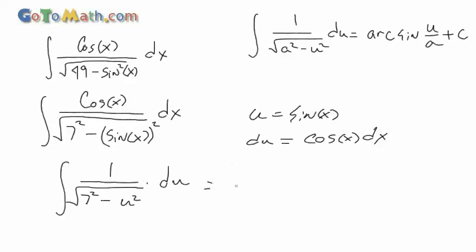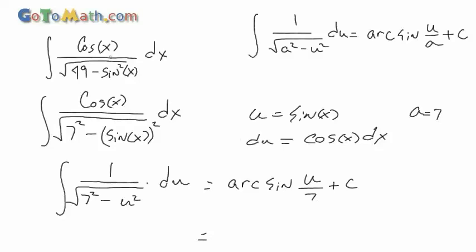So we'll just go ahead and write arc sine of u over a, where a is equal to 7, plus c. But remember, we don't want to leave our answer in terms of u.